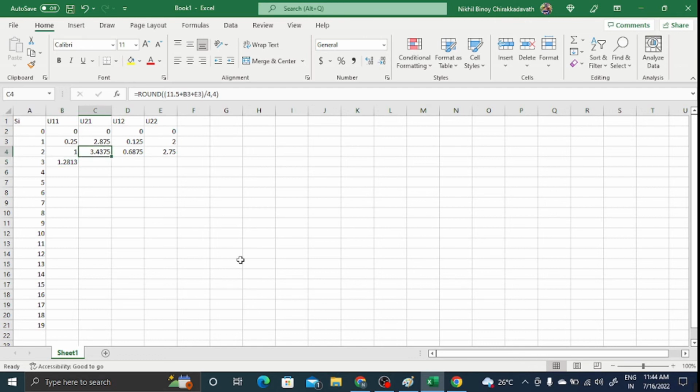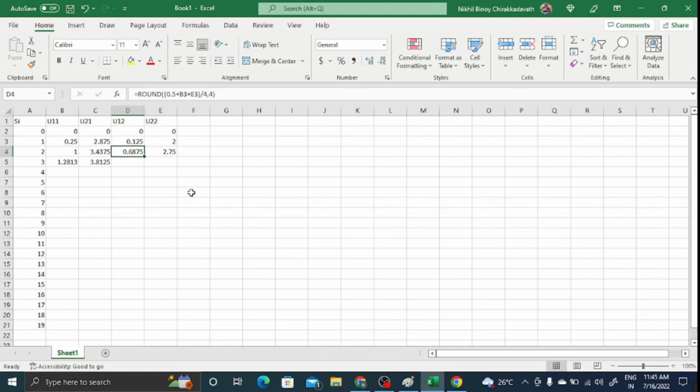Okay. Then we calculate U21, equal to 11.5 plus this 1 plus this 2.75, that is U22, divided by 4. So this is equal to 3.8125.